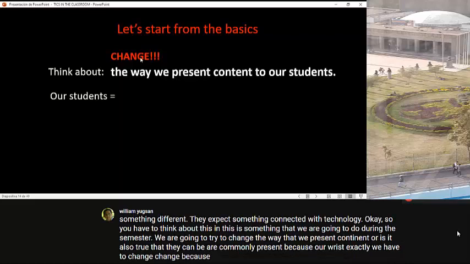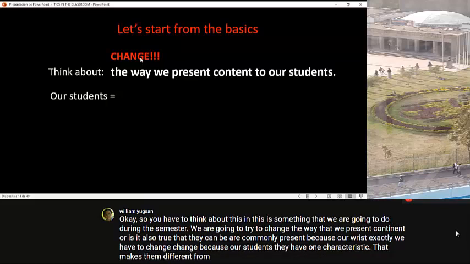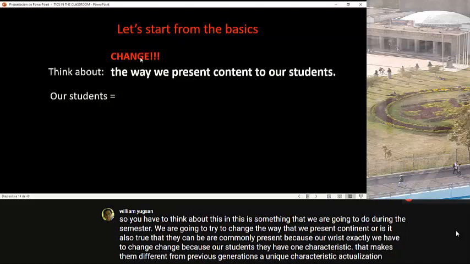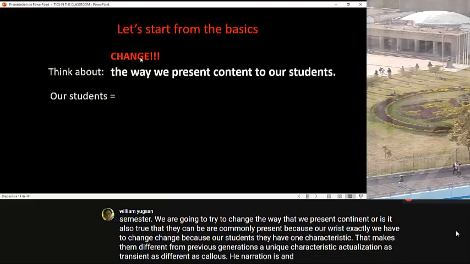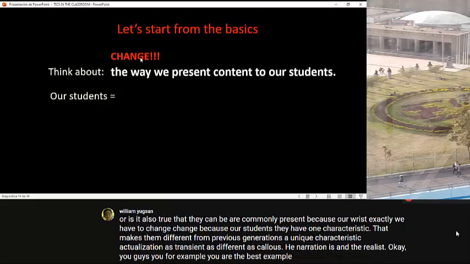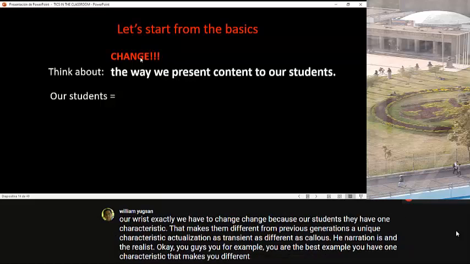Because our students, they have one characteristic that makes them different from previous generations. Okay? You guys, for example, you are the best example. You have one characteristic that makes you different from the previous generations.